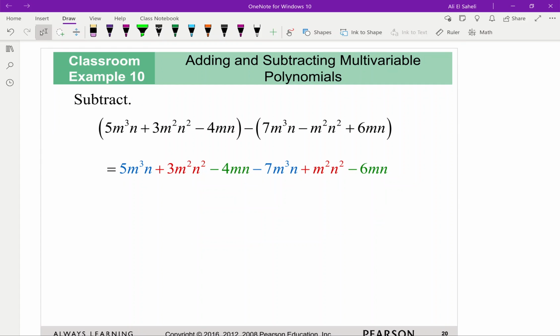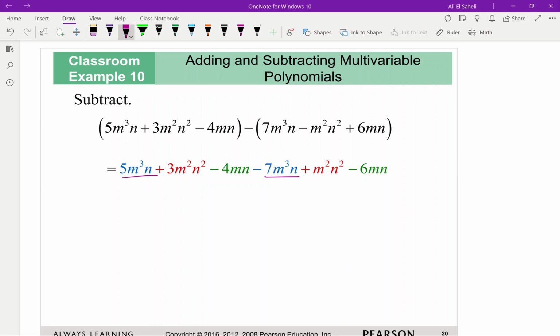Again, this minus this, so we put them next to each other. This is the first one. Then the second one, you bring in the minus sign. So we have this, and look at the like terms.